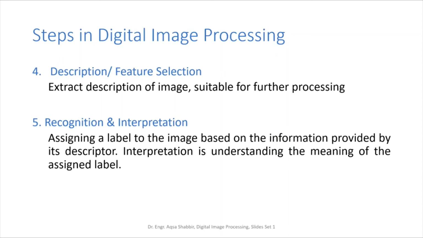In order to understand this, I could give you an example of one of my master's thesis students. She's working on automatic facial expression recognition. So what she does is that she gives an image as input to her processing system or her algorithm. From that input image, as a first step, the face is detected. Then after that face has been detected, certain attributes from the detected face are computed.